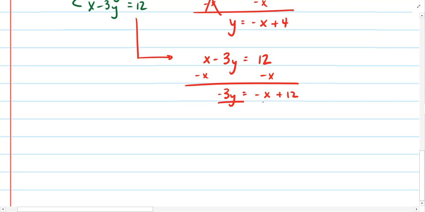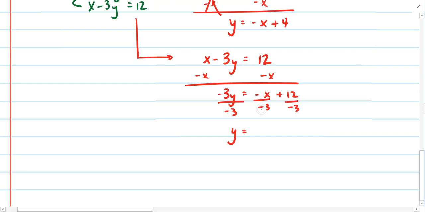Now I'll divide both sides by negative 3, and that's going to give me this y value by itself. I have to keep in mind that when I divide this entire side of the equation, I'm actually dividing both components of this side of the equation by negative 3. So it might be helpful to write it this way to keep yourself organized.